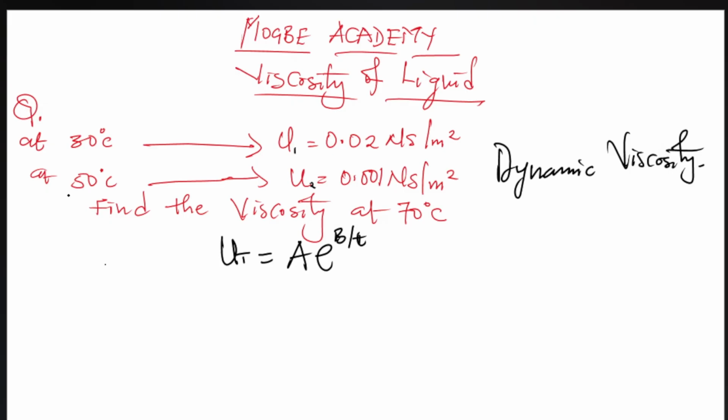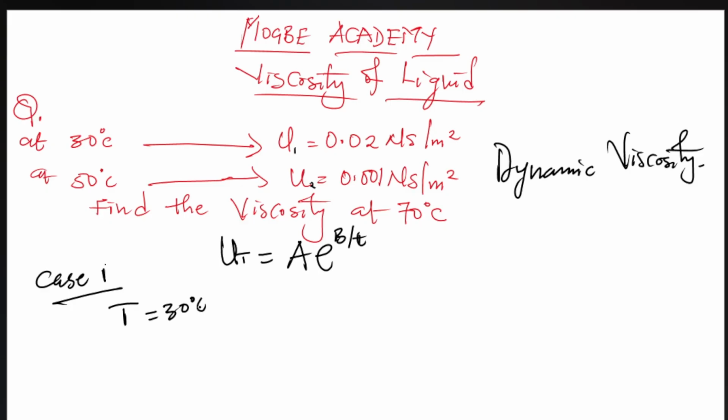Looking at our question, we can see that it was given in two cases. The first case was at 30 degrees Celsius, while the second case was at 50 degrees Celsius. Now let's take case 1. The temperature is 30 degrees Celsius. What you do is always convert your temperature to Kelvin.